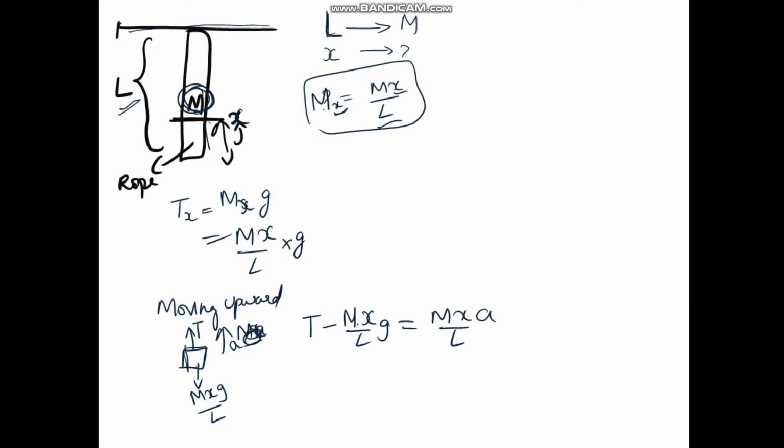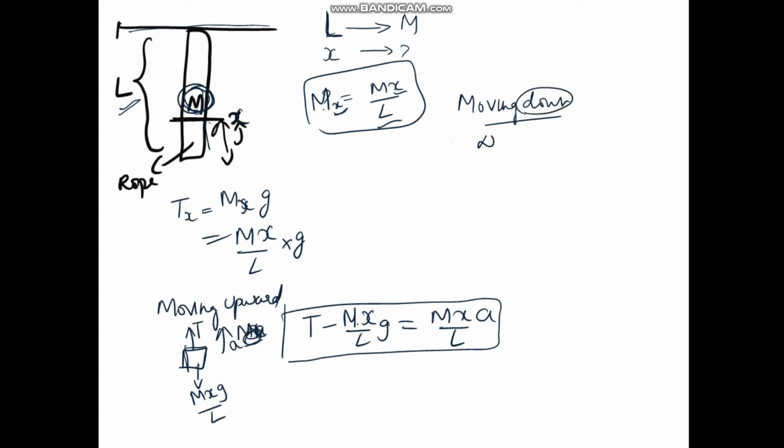Suppose we assume that the rope is moving downward. Then, since it is moving down, downward force minus upward force is equal to m into a.